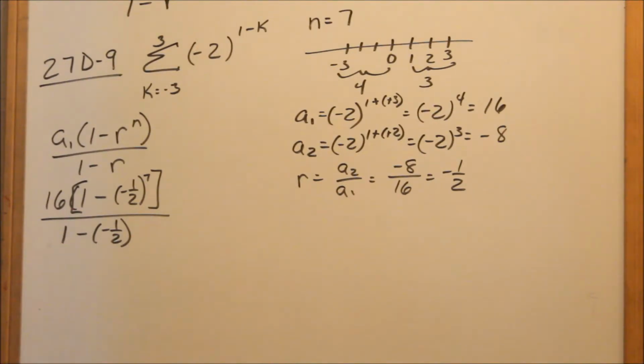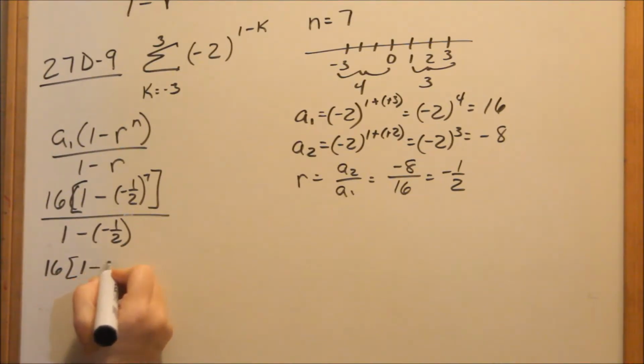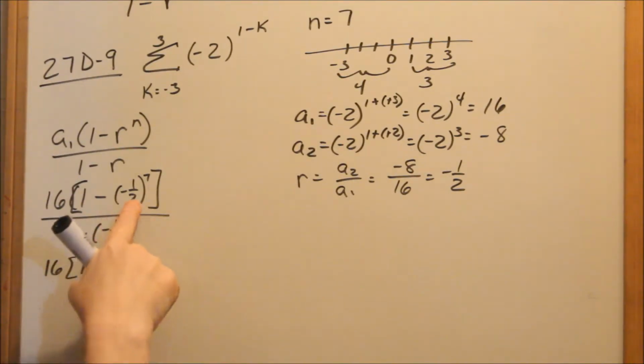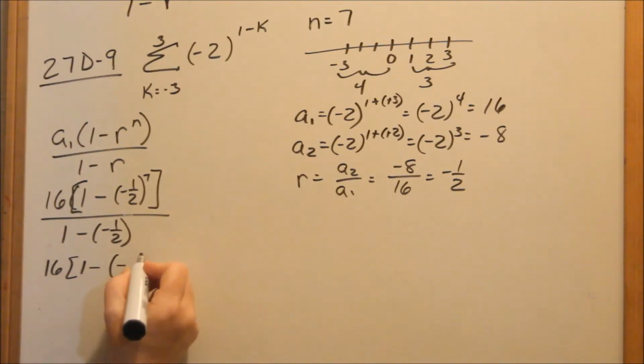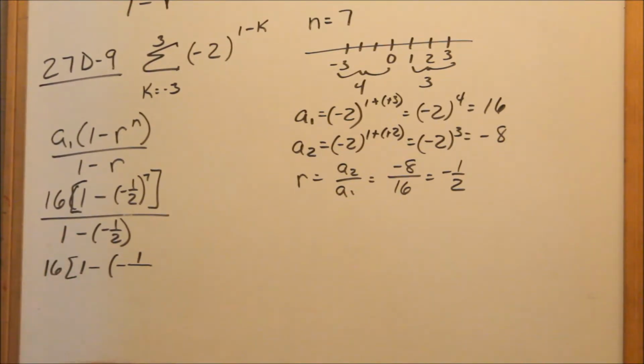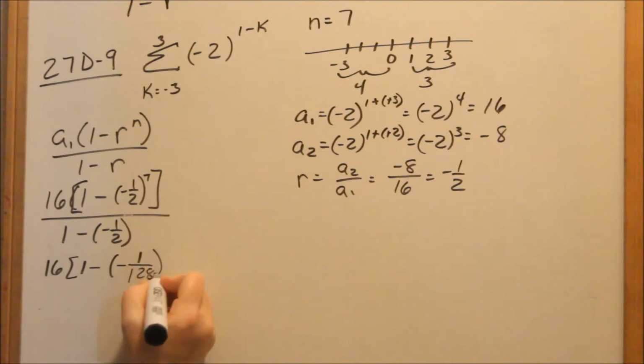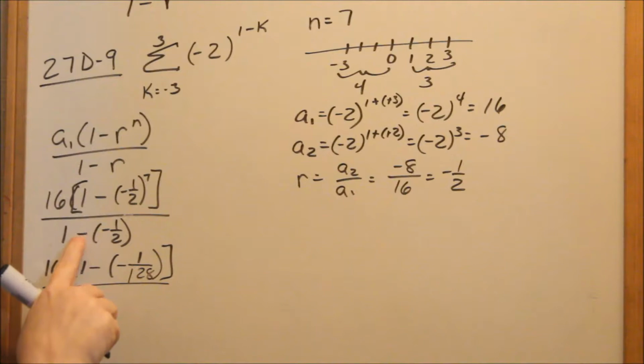Alright, let's go to the numerator. Exponents first. So I need to do my -1/2 raised to the 7th power first. So 16 times 1 minus, and then a -1/2 to the 7th power will be a negative number. 1 to the 7th is 1. 2 to the 7th is 128. So 1 over 128. In the denominator, it's minus a negative.